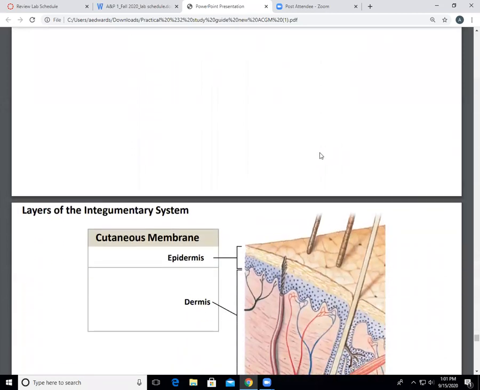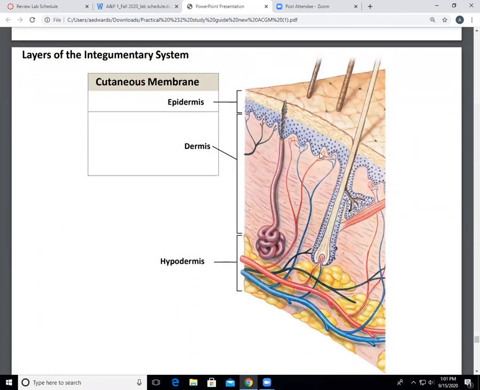All right, so with the integumentary system, and this kind of syncs up with what we're covering in lecture this week. So you've got your cutaneous membrane, which is composed of your epidermis and your dermis. Epidermis is at the surface. Dermis is deep to that.